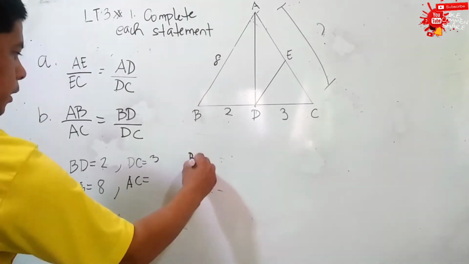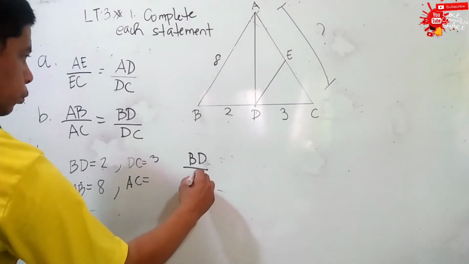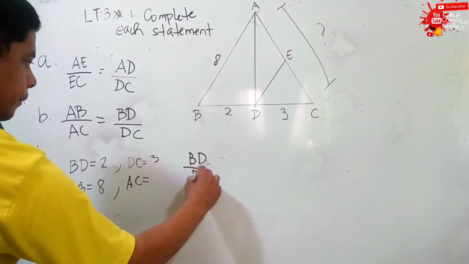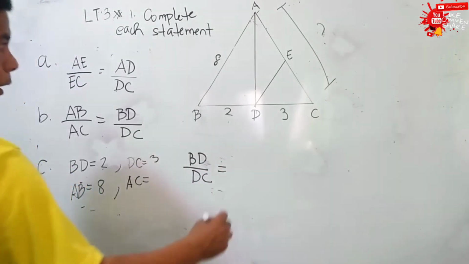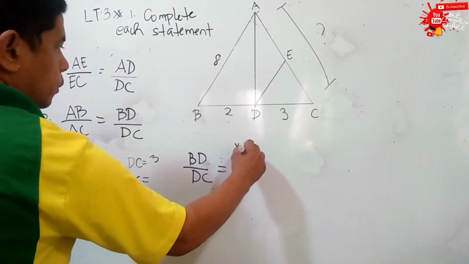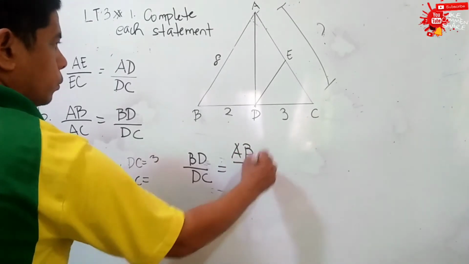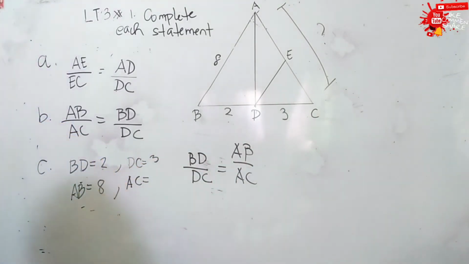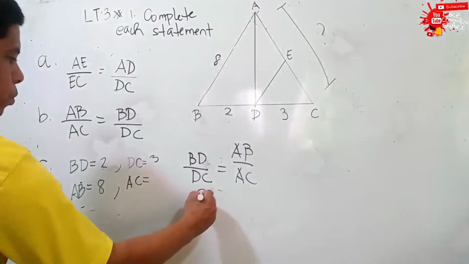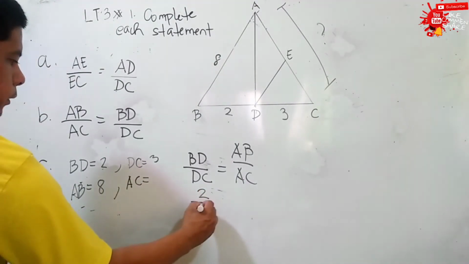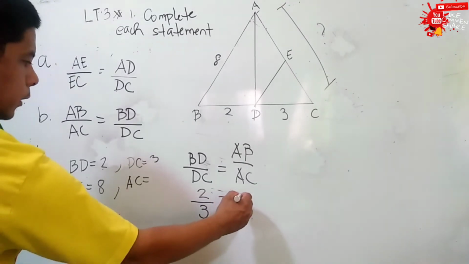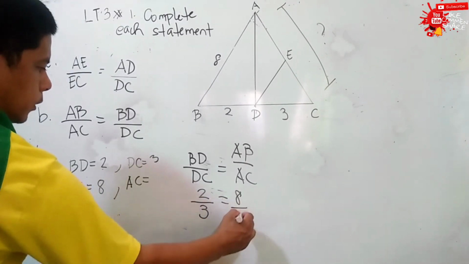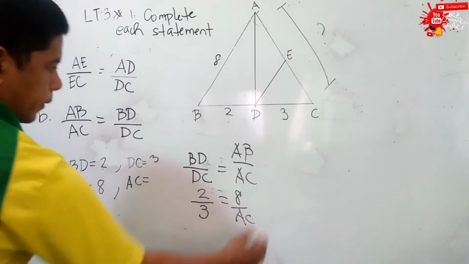So, BD correspond to BC. AB correspond to AC. Substitute lang. Ang BD natin ay 2. Ang BC natin ay 3. Ang AB natin ay 8. Ang AC natin ay hinahanap.